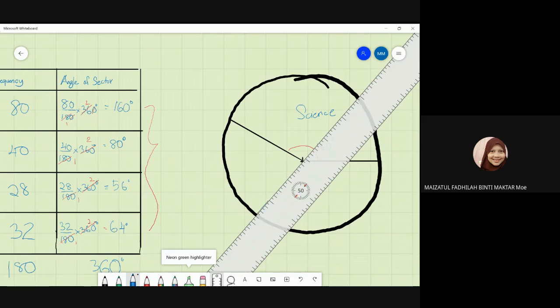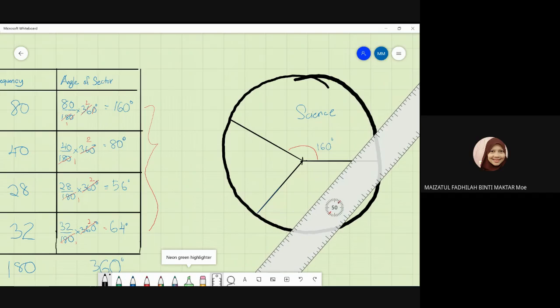Measure the angle. Then continue with the next one, 56.